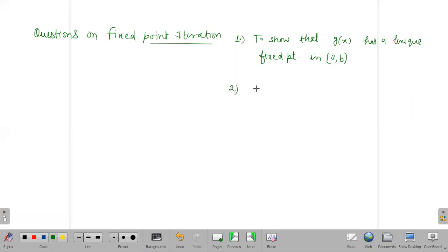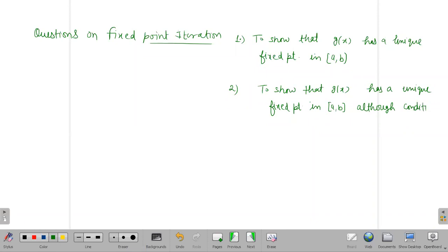And in the second type, you have to prove the converse part also, means to show that g of x, any function will be given to you, has a unique fixed point in AB, although convergence conditions are not true.